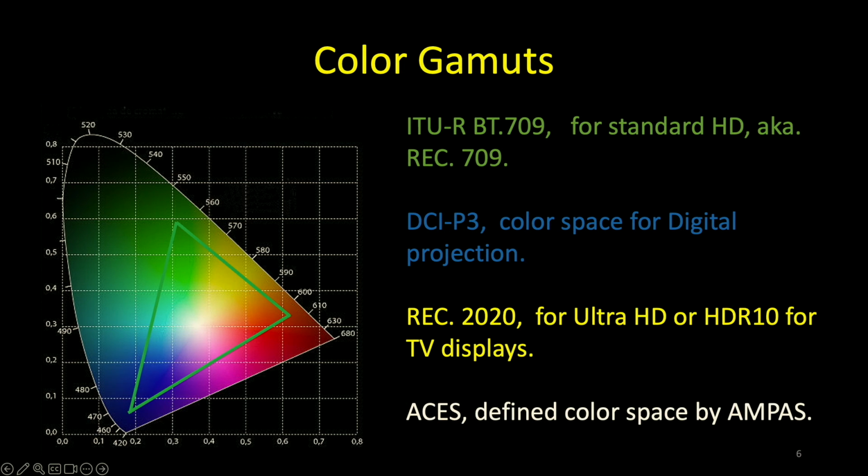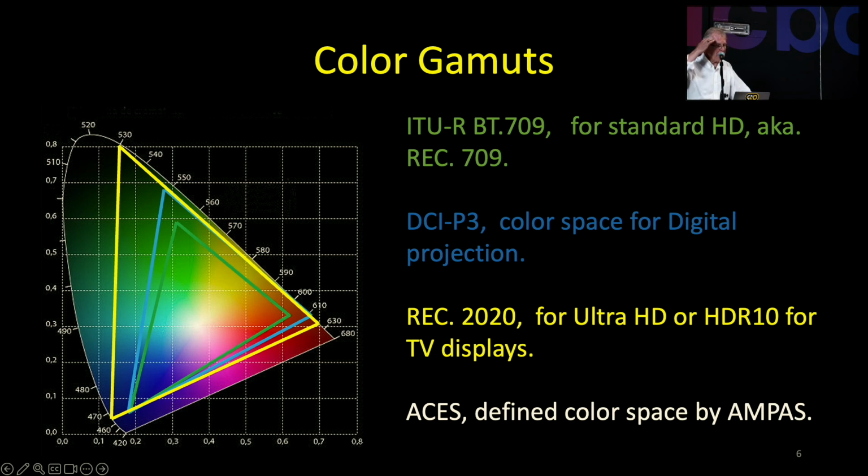So things start to gain a little more complexity as we go. Some of the more common color gamuts that we're all familiar with: Rec 709. We've got P3, a color space for digital projection. 2020. There's a lot of talk about 2020, especially when it comes to video walls. What you'll find a lot of references to is near 2020, near P3, and usually that is because it's really hard to hit those greens.